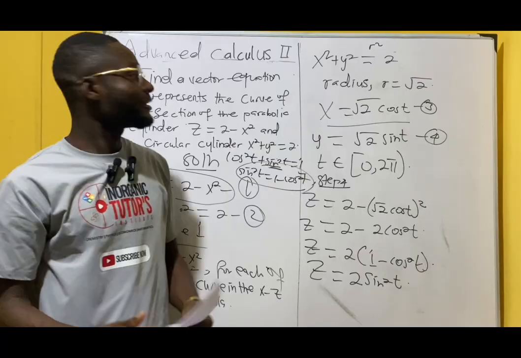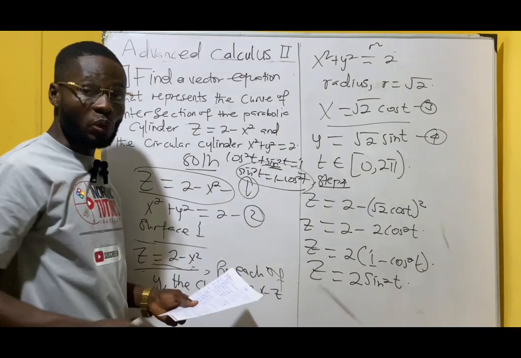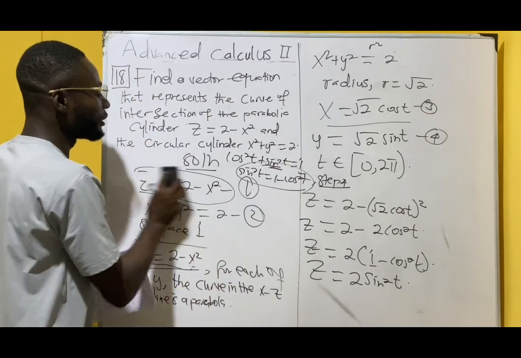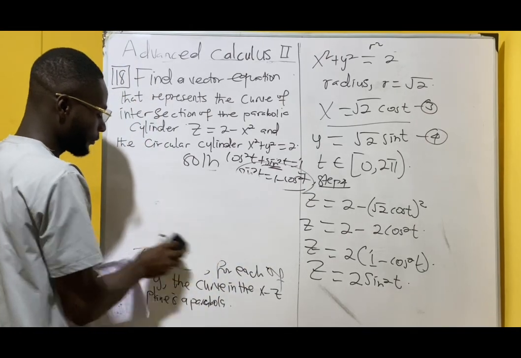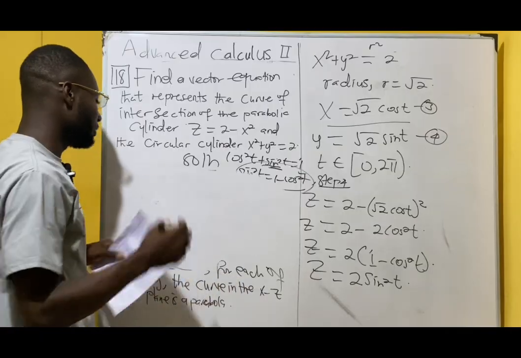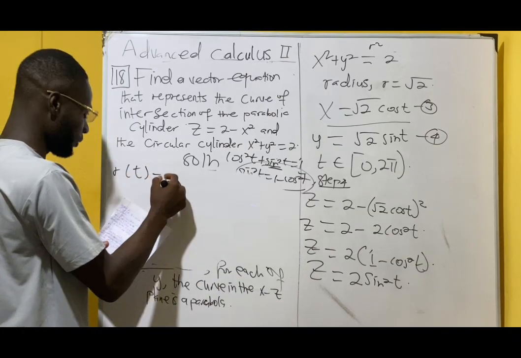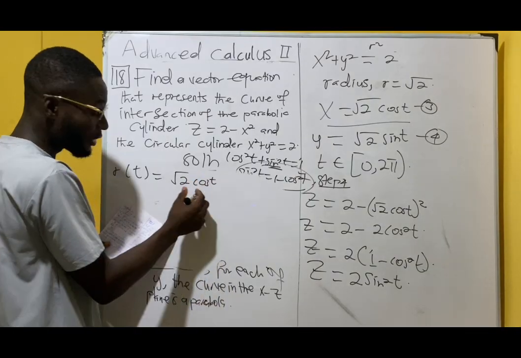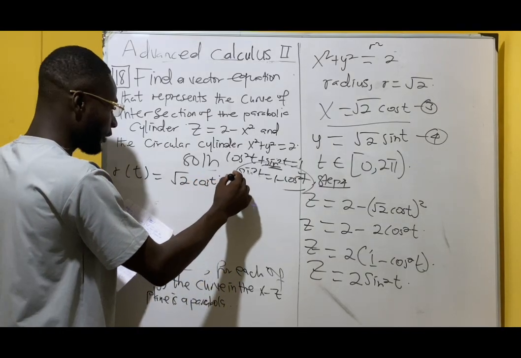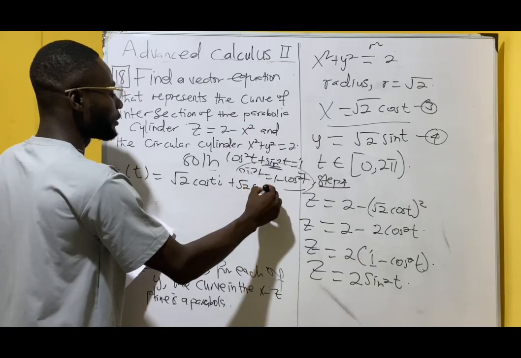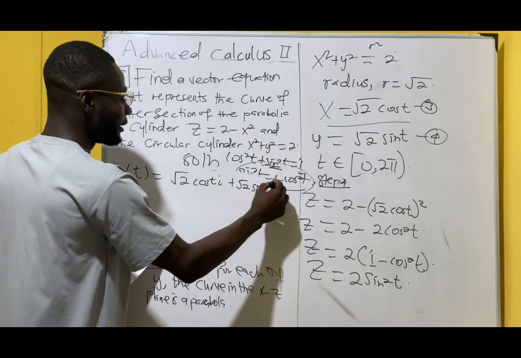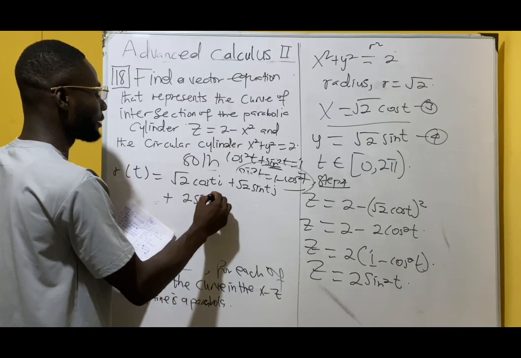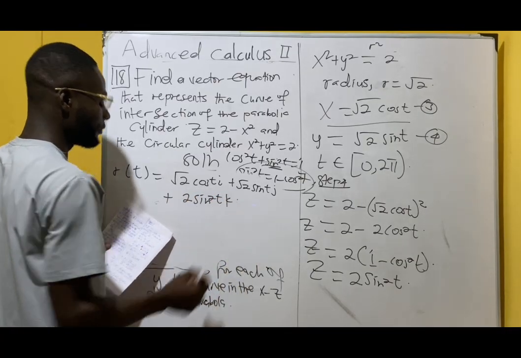So we can write our vector equation. Our vector equation, r of t, will be equal to square root of 2 cos t i plus square root of 2 sine t j plus 2 sine squared t k.